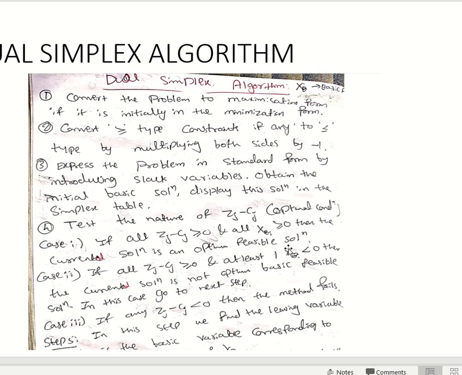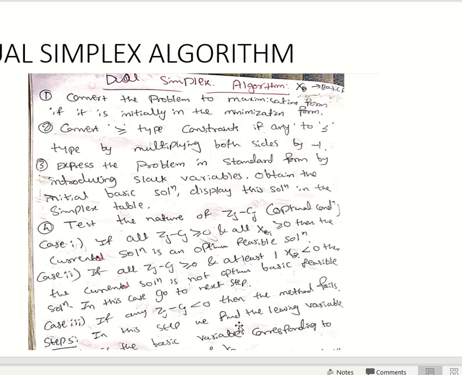Case 2, if all zj minus cj are positive and at least one xb is less than 0, then the obtained solution is not an optimum basic feasible solution, so we have to go to the next step. And last, case 3, if any zj minus cj is less than 0, then the method fails. Then we move to the next step, step 5.